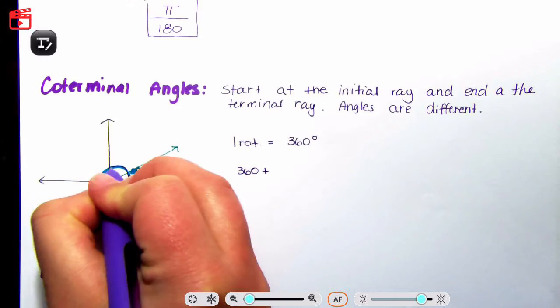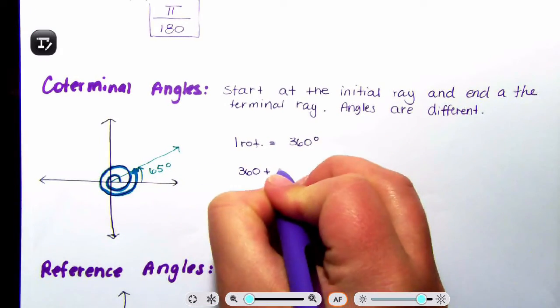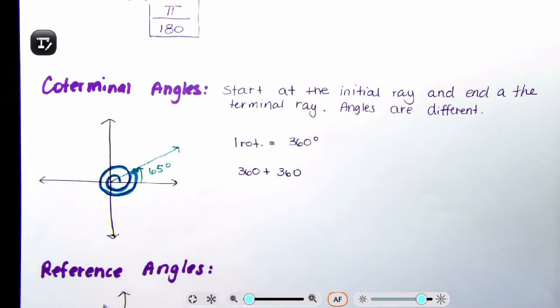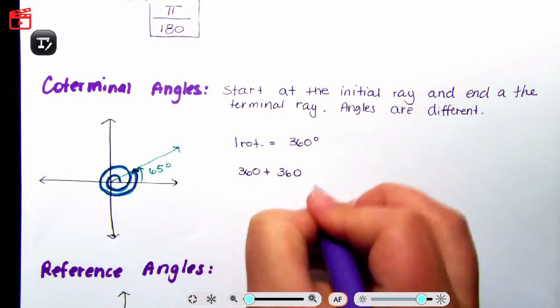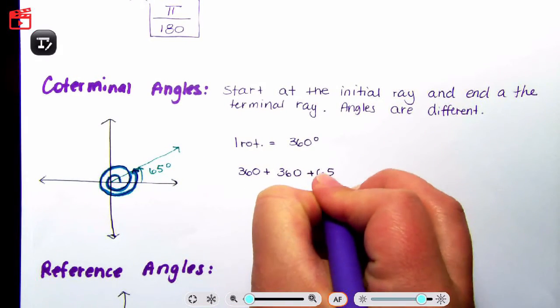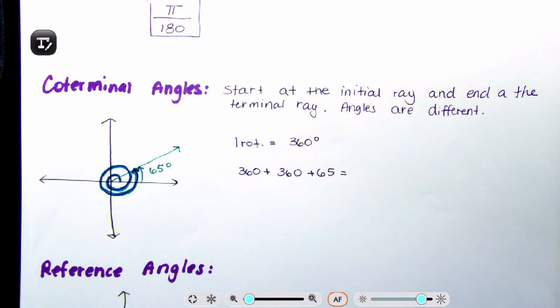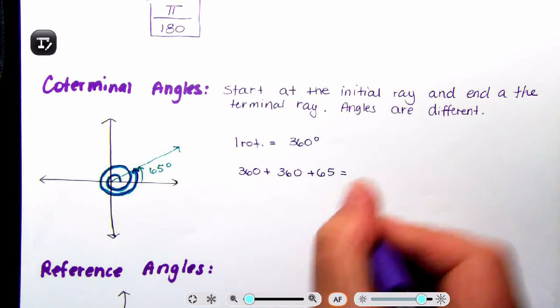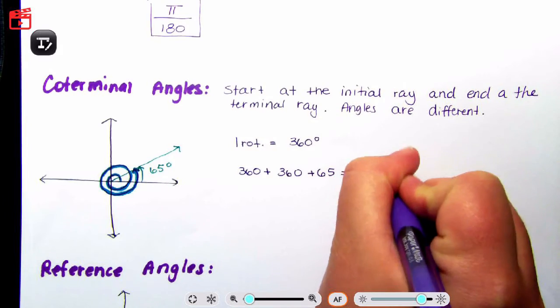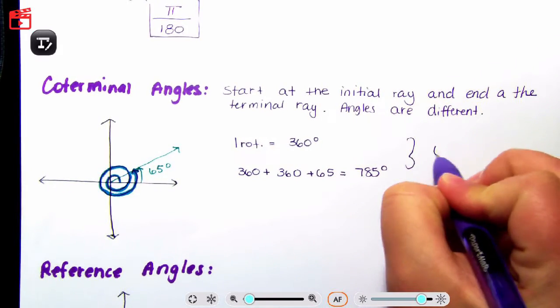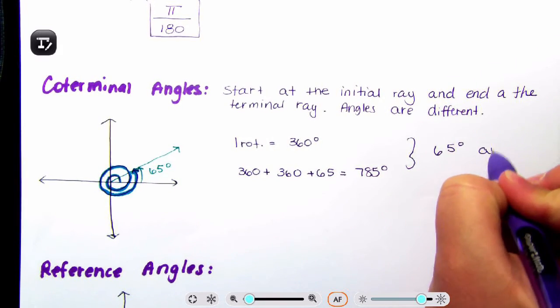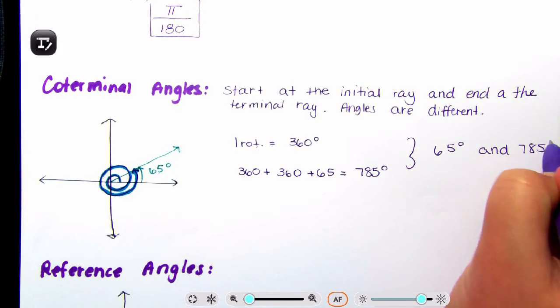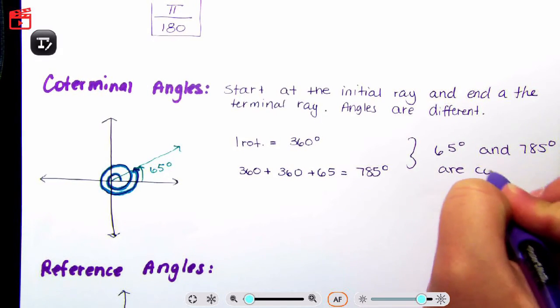Then I have one more circle, so I have traveled another 360 degrees. And then I traveled 65 degrees more. So that means I have a coterminal angle that is 785 degrees. So what does that mean? That means 65 degrees and 785 degrees are coterminal.